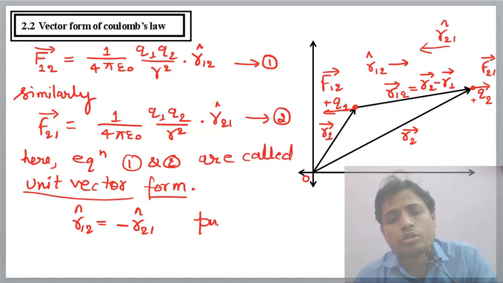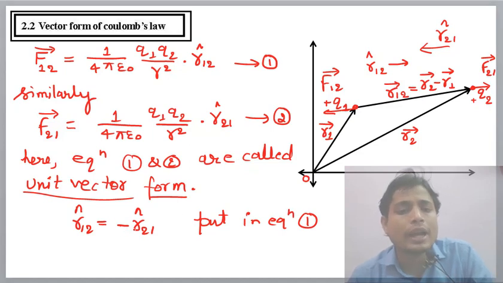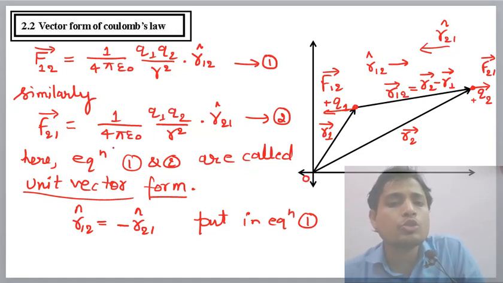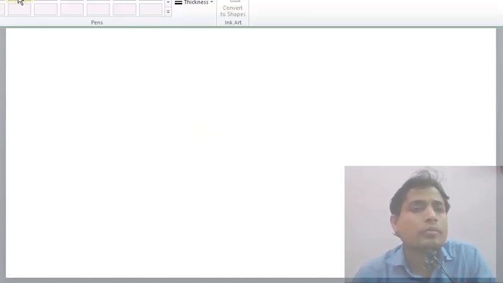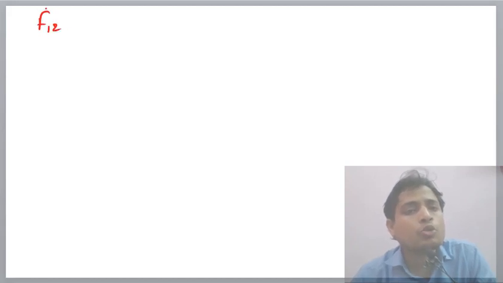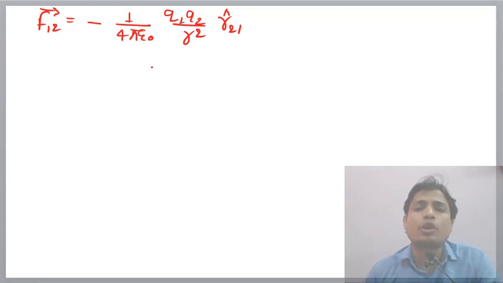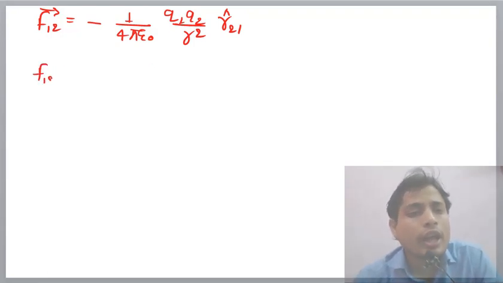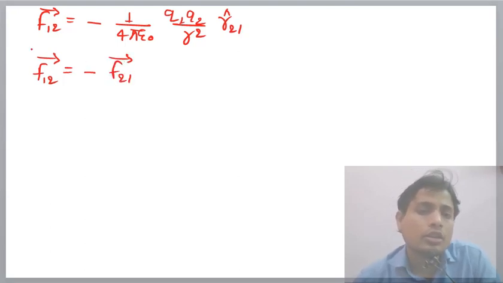So if you put minus r21 cap in place of r12 cap in equation 1, then you will have f12 vector equal to minus 1 upon 4 pi epsilon naught q1 q2 upon r square r21 cap. And if you compare this with equation number 2, then you will get f12 vector is equal to minus f21 vector. What is this?